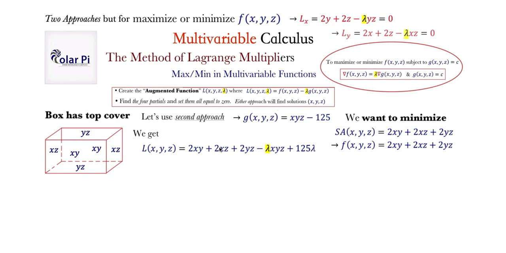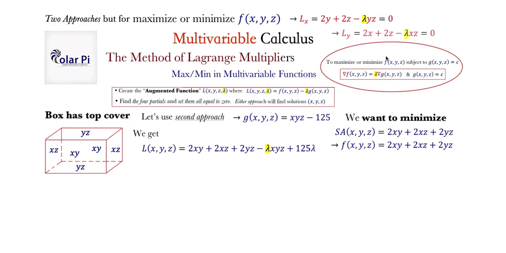And then in this part, 2z for very similar reasoning, and then this part minus lambda yz, right? And this is just a constant, as is this, because neither this nor this contain x's, and so these are both 0 when we take the partial with respect to x. And so this is what we get, and as I said, we set the partials equal to 0, and that's why you have equal to 0 here.